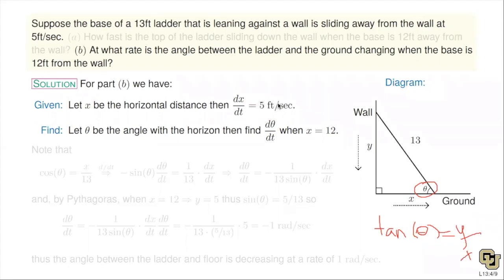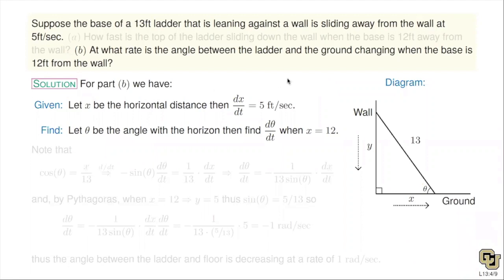But I don't want to use tangent of theta equal to y over x because this is a little too complicated. Here, y is a function of t, x is a function of t. So when I take the derivative of both sides with respect to t, I'm going to need to do a quotient rule here. And then it gets messy. Then dy dt shows up, dx dt shows up. I'm going to have to use the answer from the previous part where we found dy dt. So tangent theta is a little too complicated. You could use it, but I'm not going to use tangent theta.